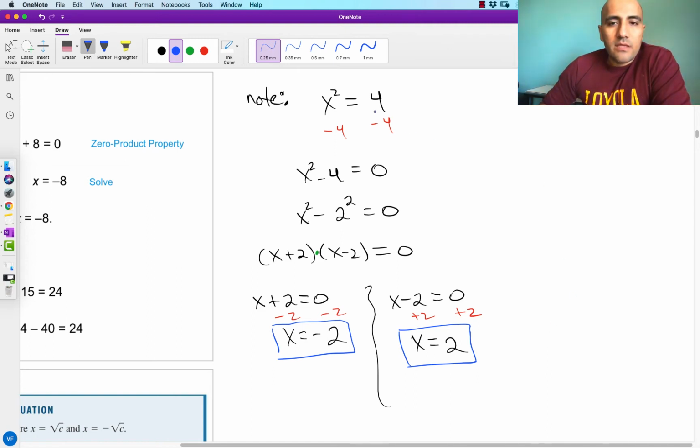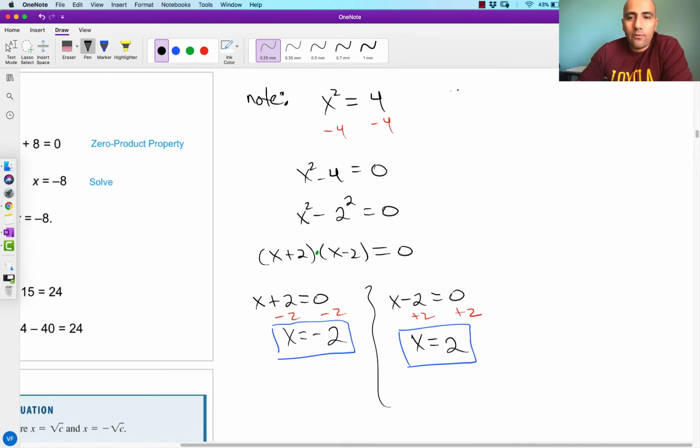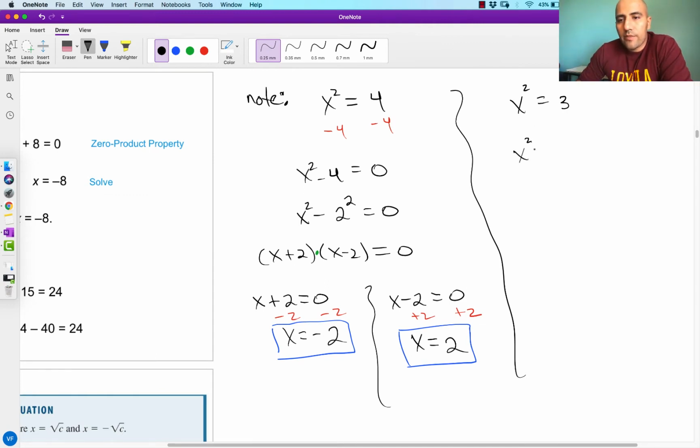Okay, well, there was nothing special about the number 4. In fact, it could be absolutely any number that goes in here. If we had, say, for example, 3, x squared equals 3, we'd still do the same process, move it over. We'd end up with x squared minus 3 equals 0.